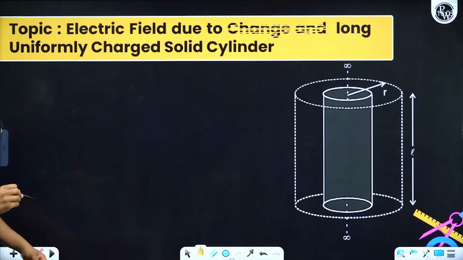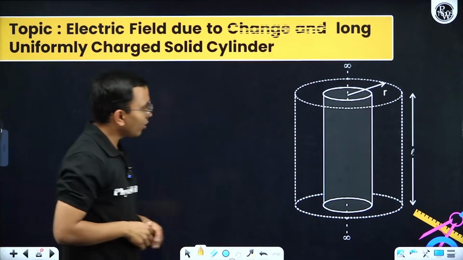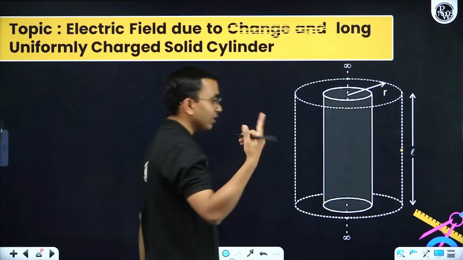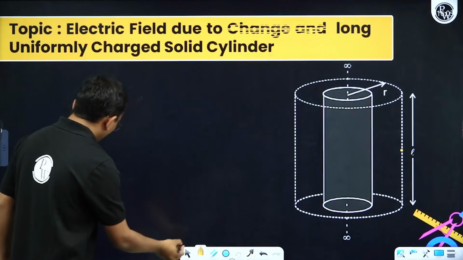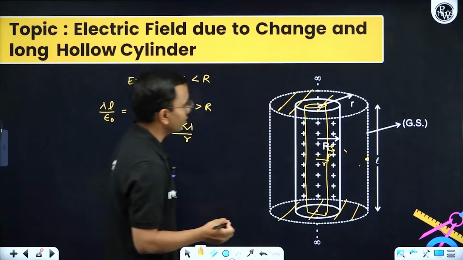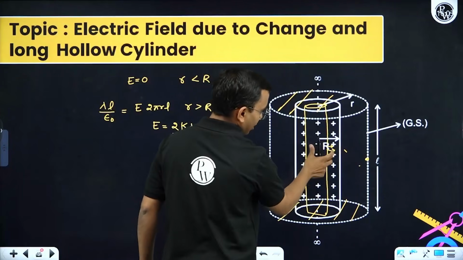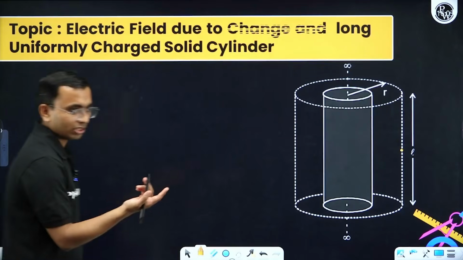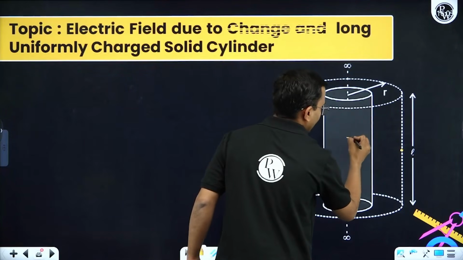Long uniformly charged hollow cylinder. Solid cylinder. Now, if you take any point outside, the expression will remain the same. Did you get what capital R was in the previous question, or are you confused? Oh, capital R was this, the radius of this cylinder. Yeah, here it was not mentioned, so therefore I was worried. This is my capital R.